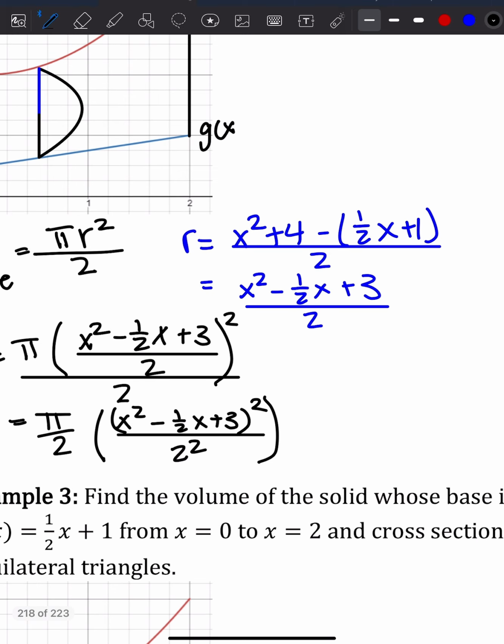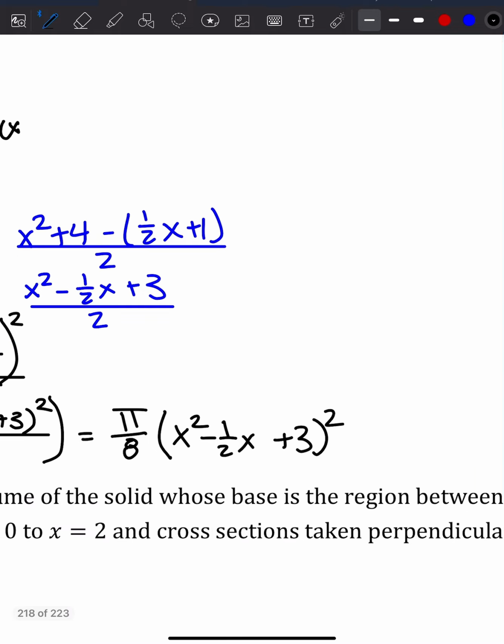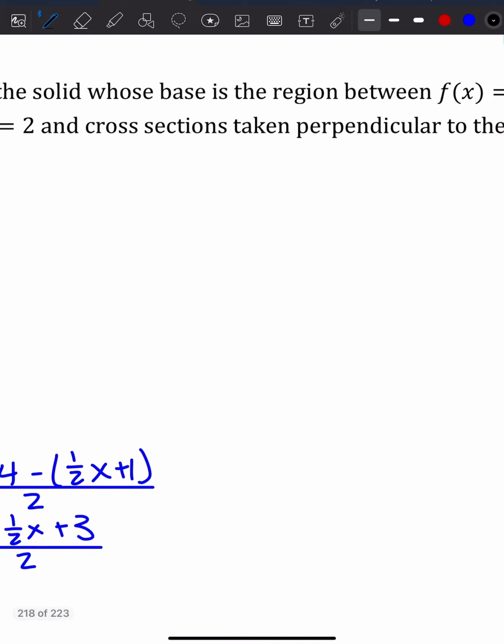But everything we do, it just depends on what we're dealing with. So one way that we could write this is pi over 8 times x squared minus 1/2 x plus 3 squared. So we're going to take this equation right here. This is our area equation for any semicircle that's on this function between these values, and we're going to find our volume.